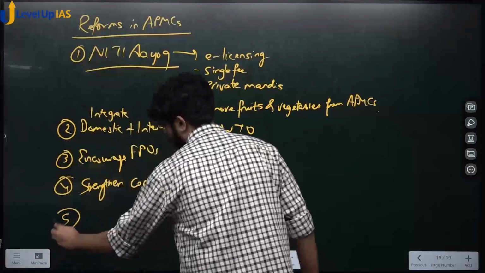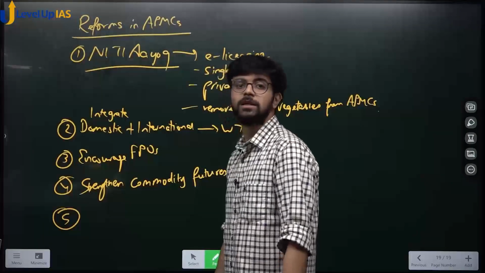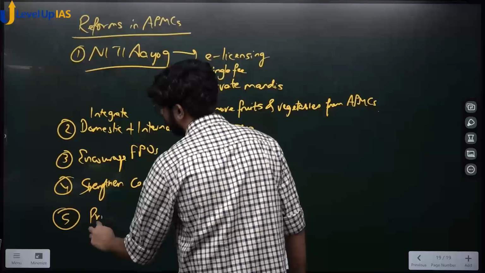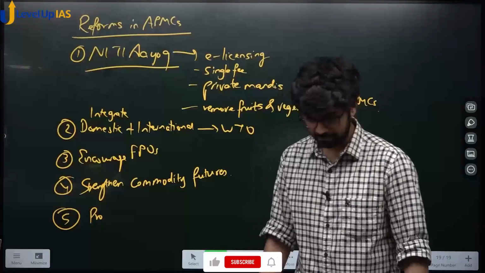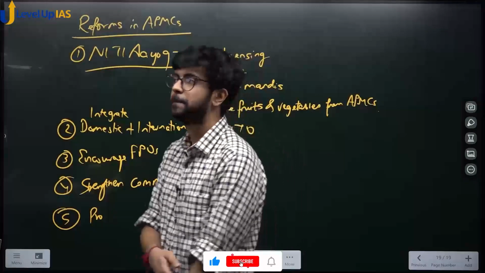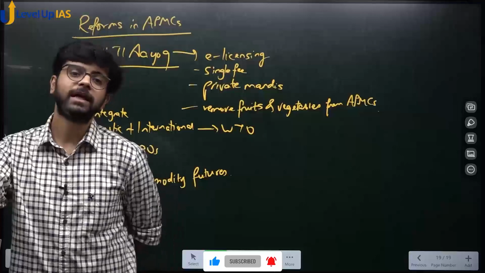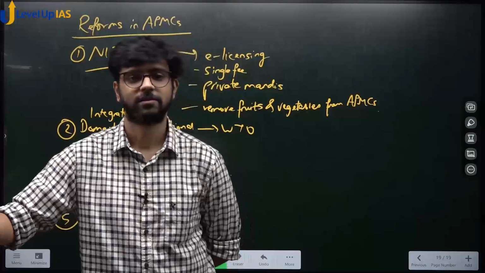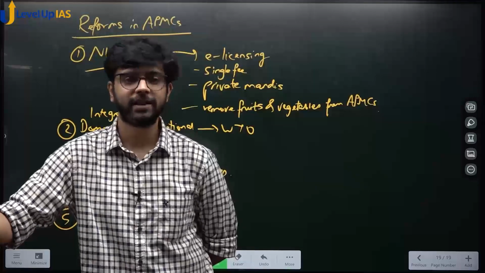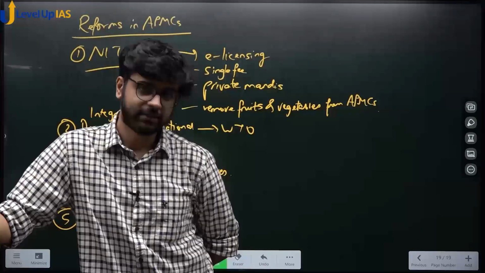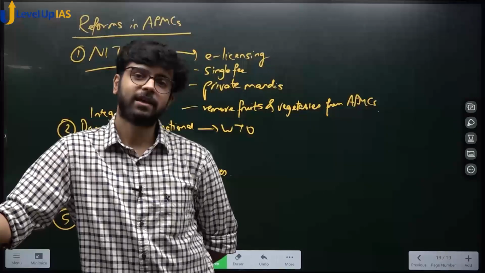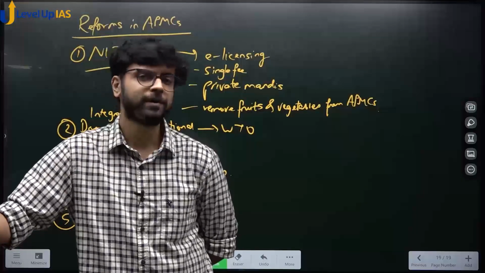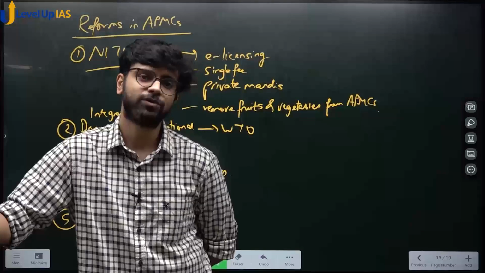One more recommendation, or one more thing you can do is, do you remember? You might not remember. Which committee gave recommendations for governance in banks? PJ Nayak committee, right? Do you remember something called the Banks Boards Bureau? What does it do?